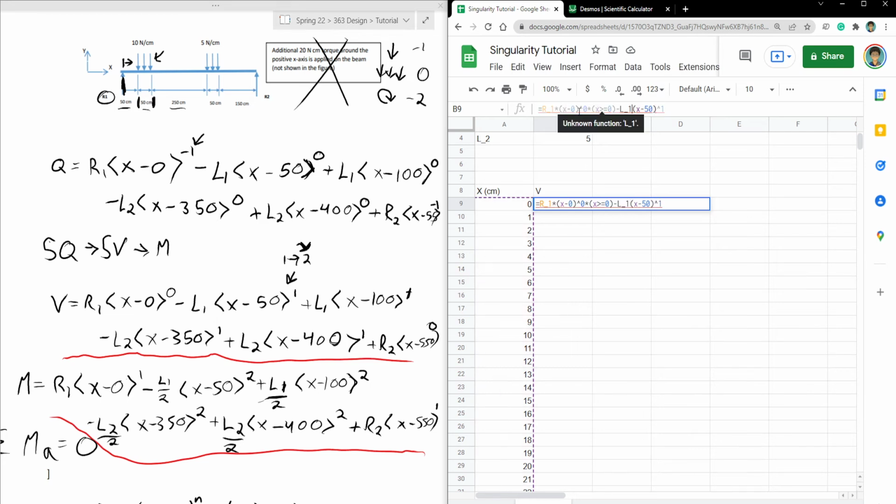Oops. Turns red because in Google Sheets, at least, you need to make sure you put the multiply symbol. Times x is greater than or equal to 50.